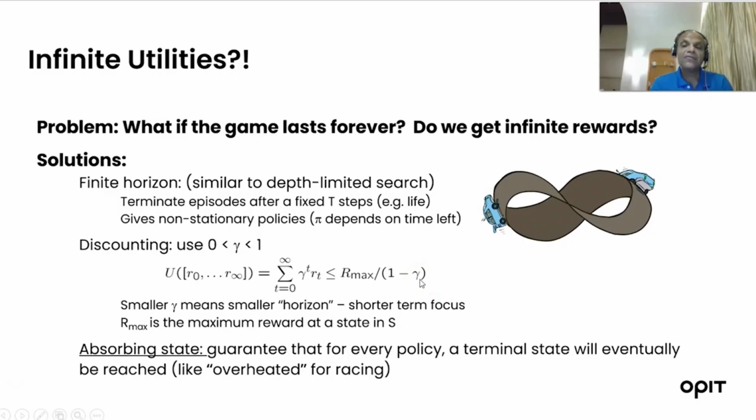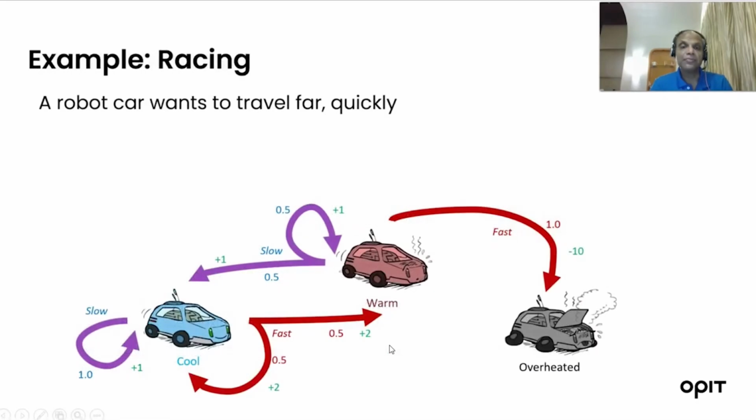A smaller gamma means a smaller horizon, a short-term focus. And there's also an absorbing state: if we go to the infinite horizon, that guarantees that every policy will eventually reach a terminal state.